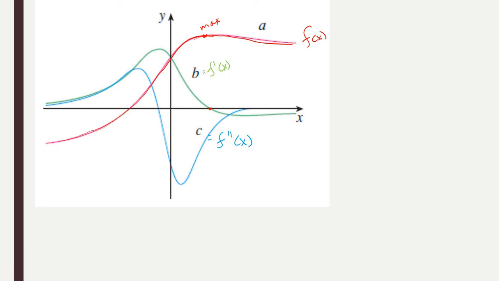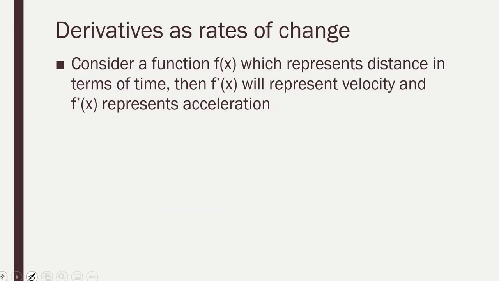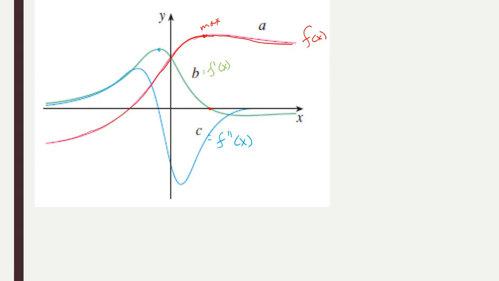So as I follow my green graph, I get to a maximum here, which is going to cause a 0 in my second derivative. My first derivative increasing to 0, and then my first derivative then decreases for the rest of the time.